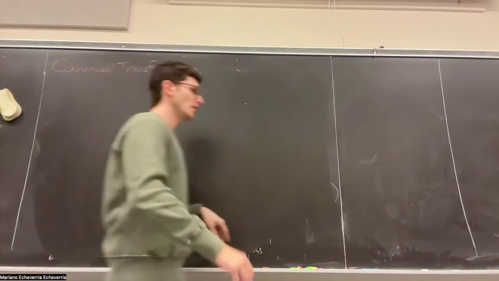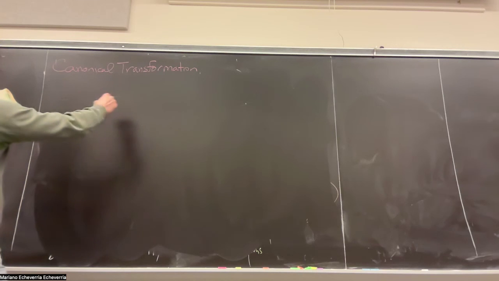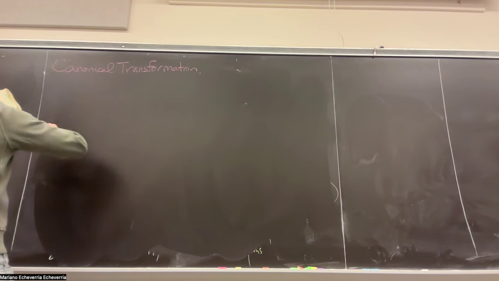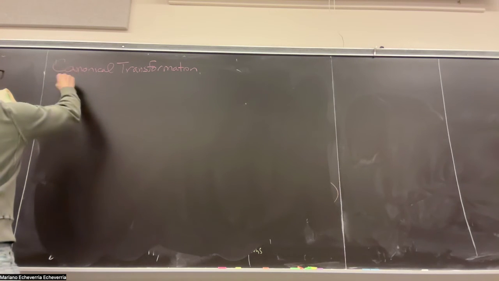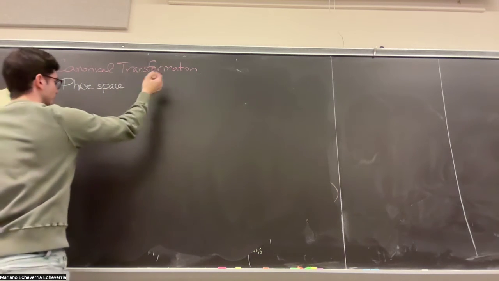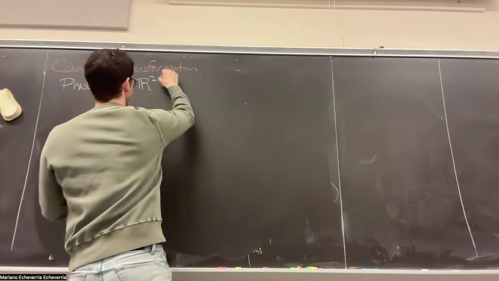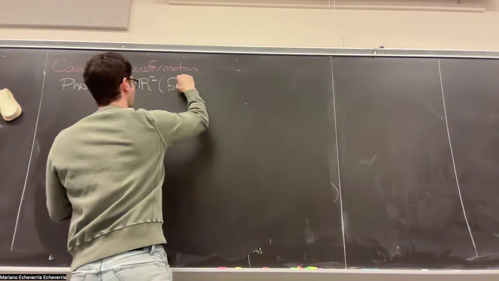Again, for now, just to make things more digestible in terms of the notation, I'll assume that there's only a coordinate for position and a coordinate for momentum. So for now, think of the phase space as being R2, just to make our lives easier, for simplicity.